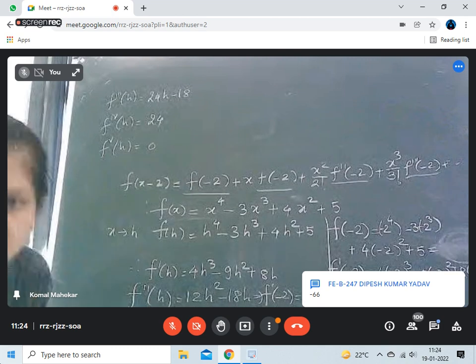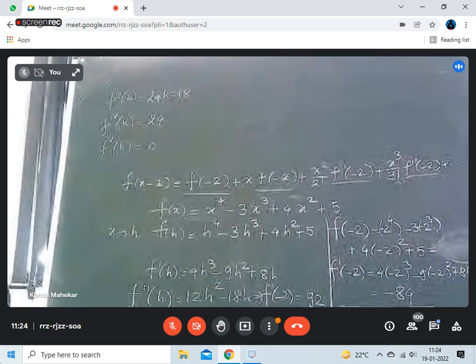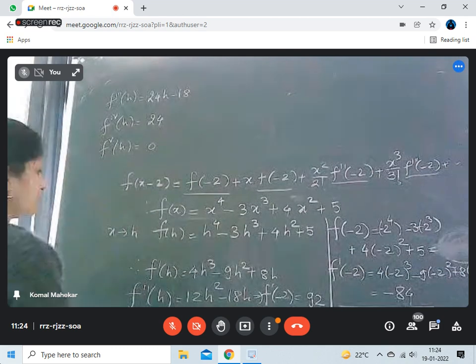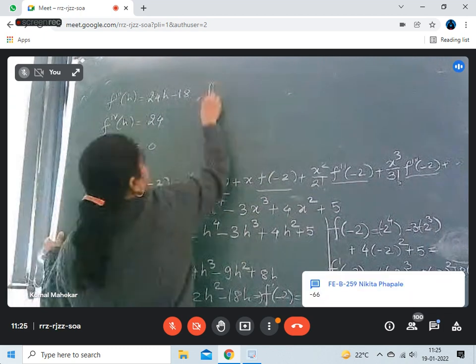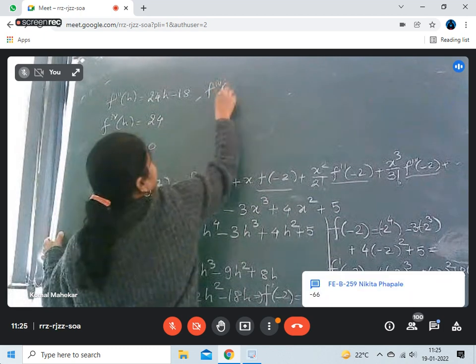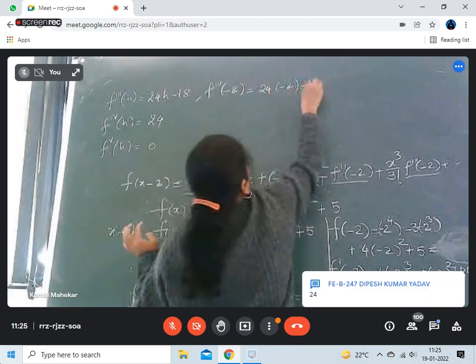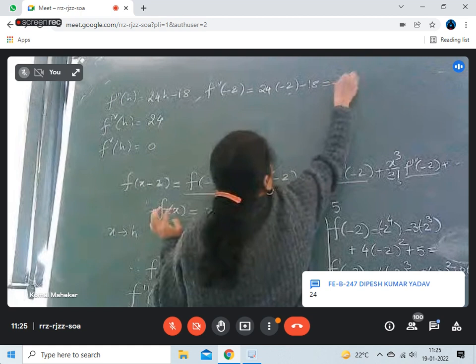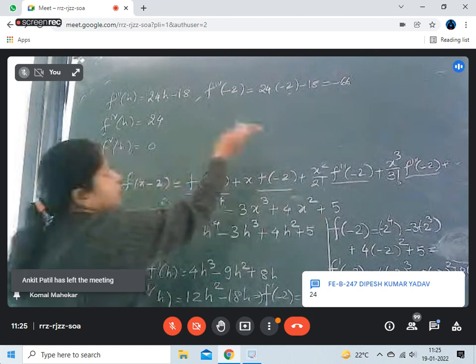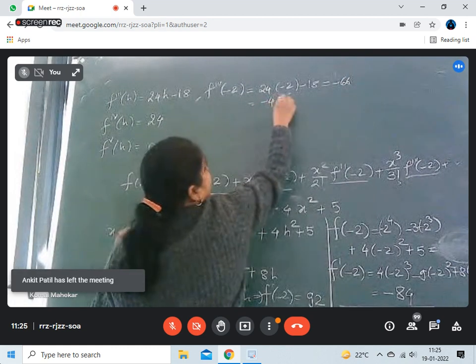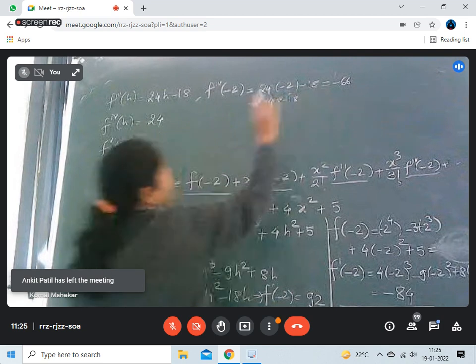Next value, third derivative f triple dash of minus 2: 24 into minus 2 minus 18, that is minus 48 minus 18, that is minus 66.